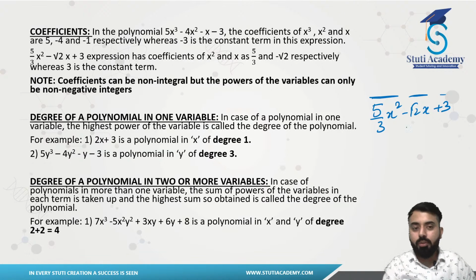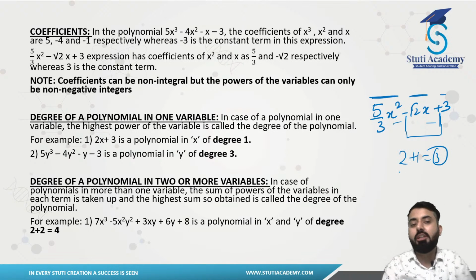So you see, I do have a similar variable which is x, but the powers of that x are different. So I will be counting the number of signs or operators in the middle. I have 2 operators here. So our number of terms will be 2 plus 1, that will be 3. So I should be having 3 terms here. And you see, we do have 3 terms, 1, 2, and 3. So that is the point here.